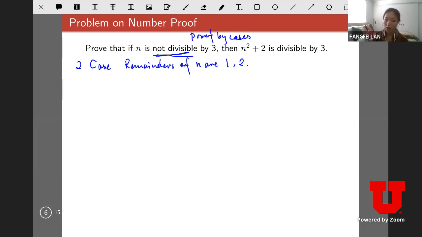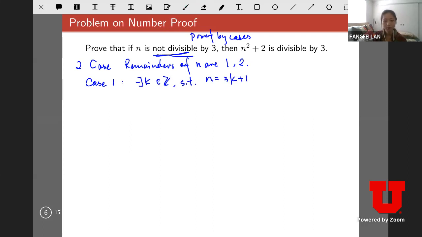We want 3 does not divide n. So the remainder has to be a 1 or 2. So let's look at case 1. When the remainder is 1, there exists k in Z such that n is equal to 3k plus 1.